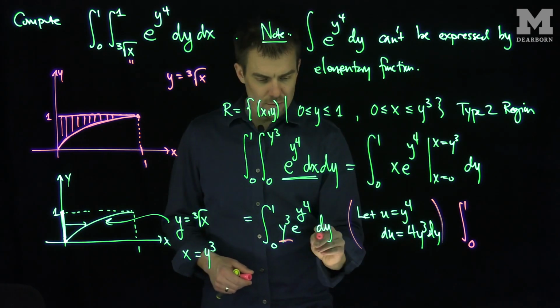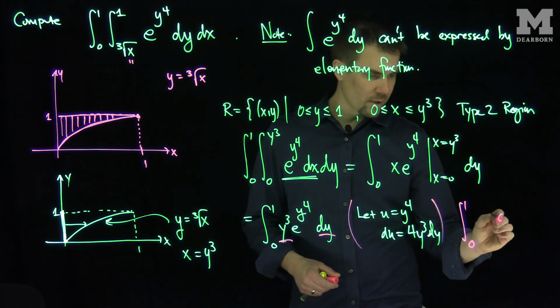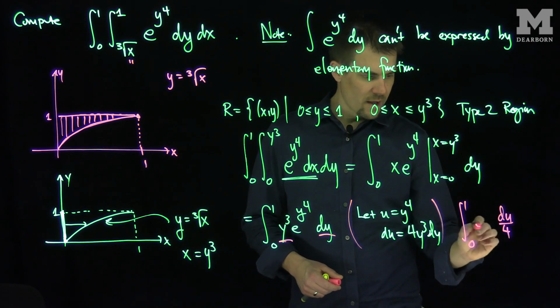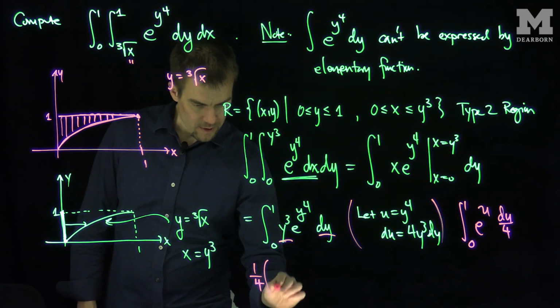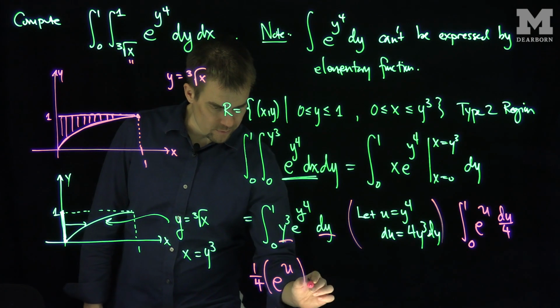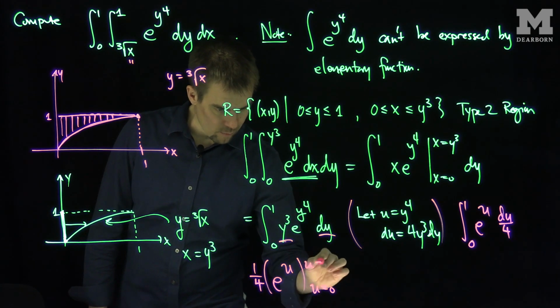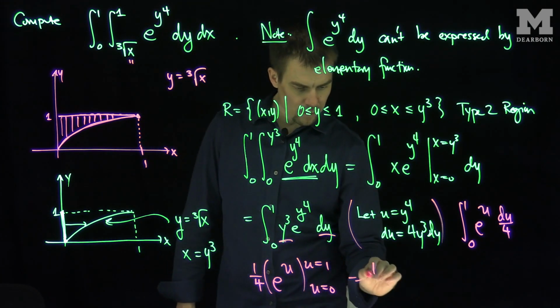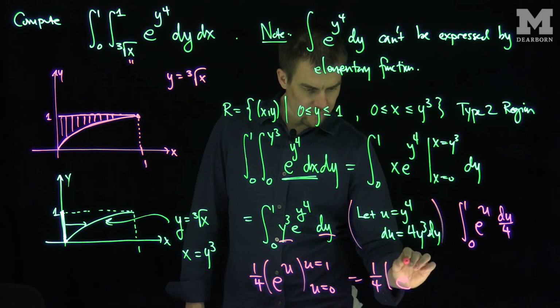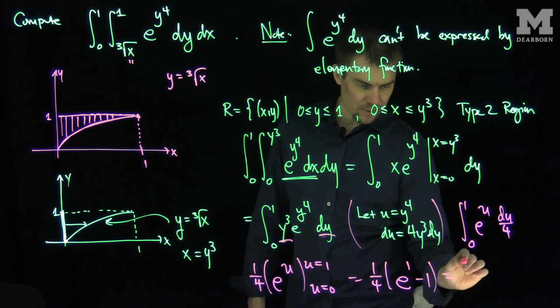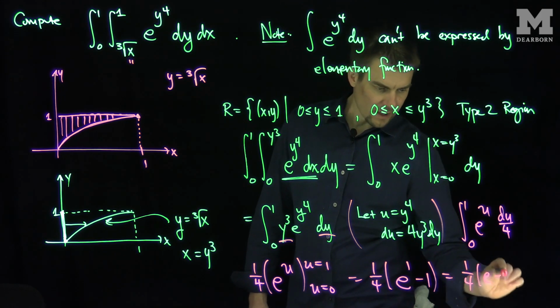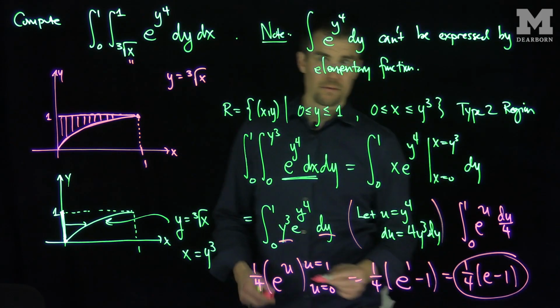Then I have y cubed dy, that's a du over 4. Then I have an e to the u. Well, that's easy. This is going to be 1/4 e to the u, and then u goes from 0 to 1. So this will be 1/4 times e to the first power minus e to the 0, but e to the 0 is equal to 1. So this is 1/4 (e minus 1), and that is your final answer.